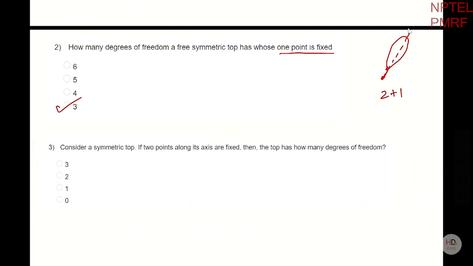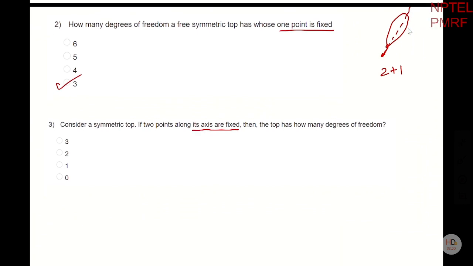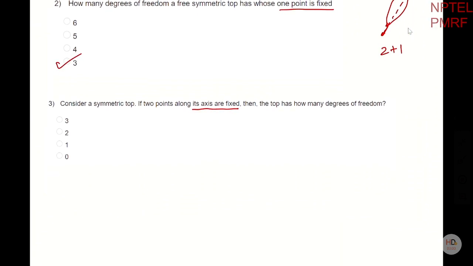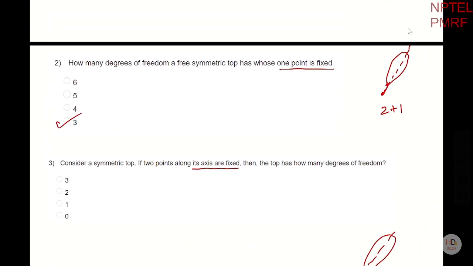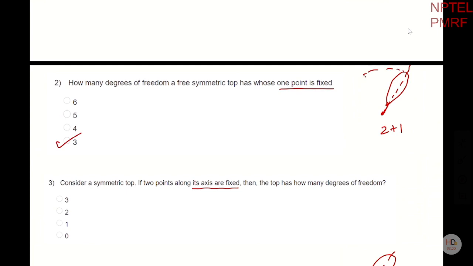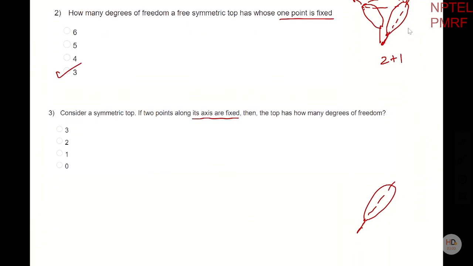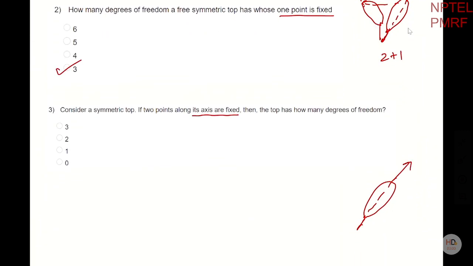Third one is, 2 points along its axis are fixed. Okay, which means the axis is basically fixed. So now you have this thing, but earlier you had freedom of choosing which axis it is. It could be like this as well, right? So now you don't have that freedom.